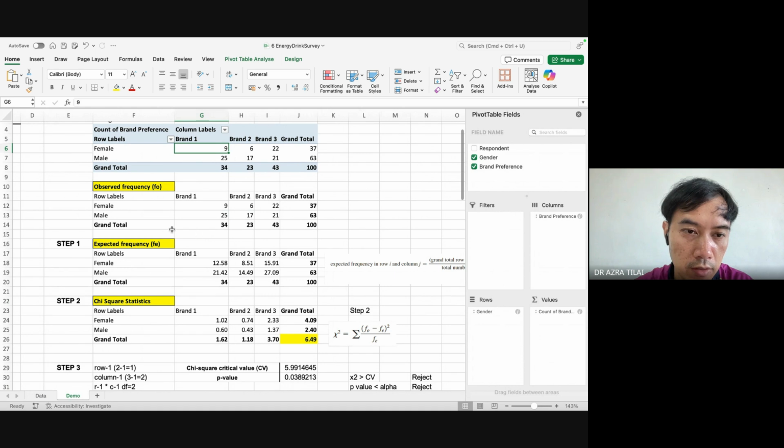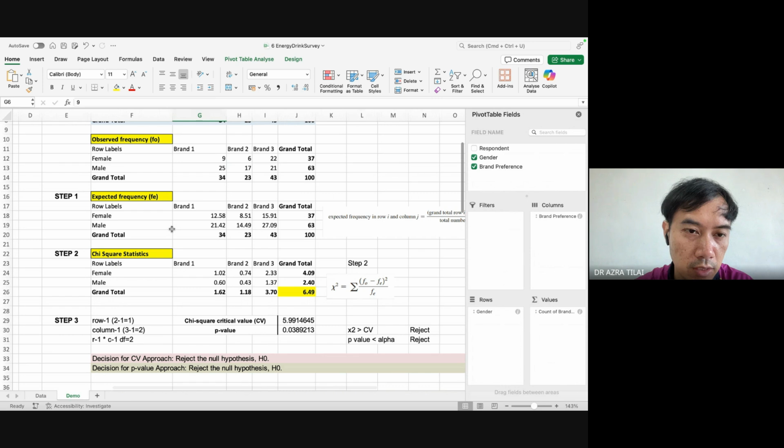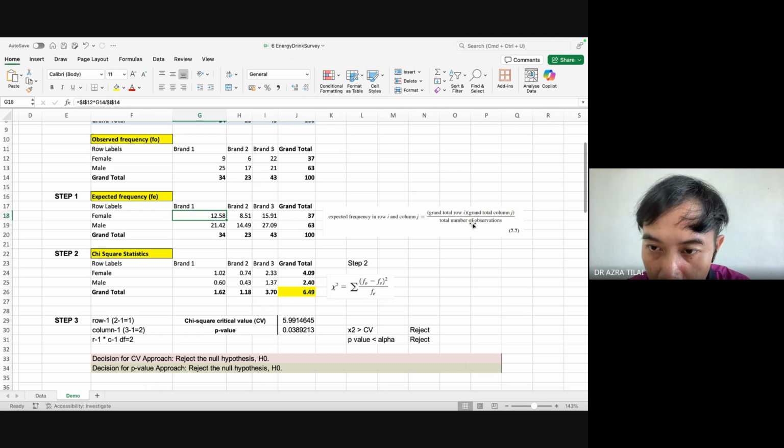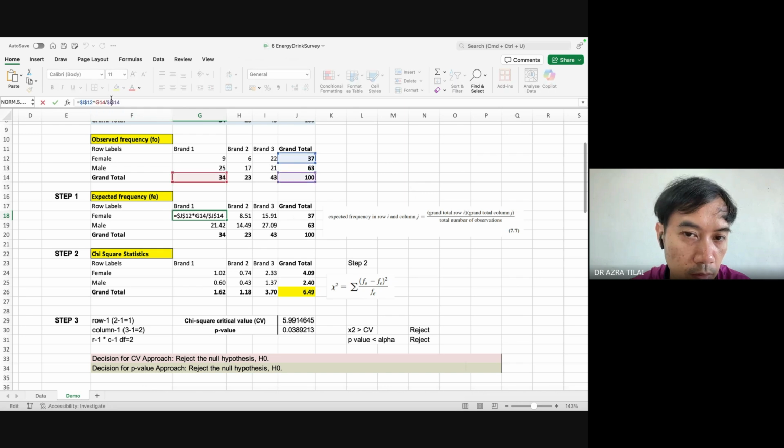So step one is expected frequency. Expected frequency is the grand total row multiplied by the grand total column divided by the number of observations. Like that. So this one multiplied by this one divided by 100.